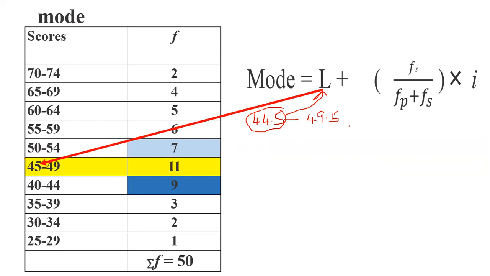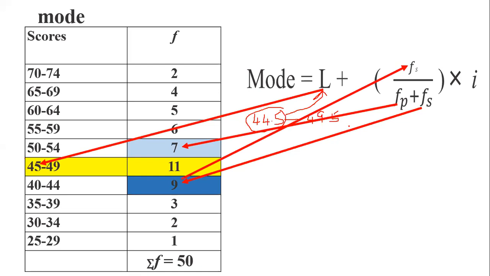Then we have Fp. Fp is the class preceding the modal class. So our modal class is 11, and the number above it is the one that precedes, so it is 7. And we have our Fs. Our Fs is 9. This is the number that succeeds the modal class.